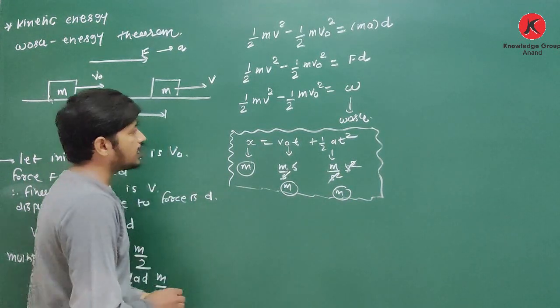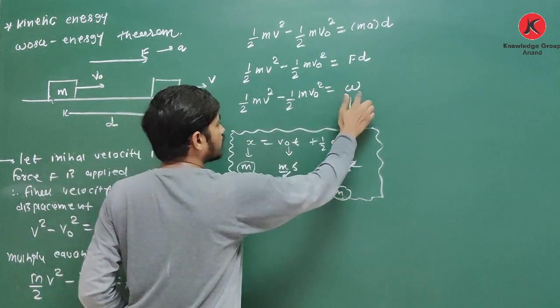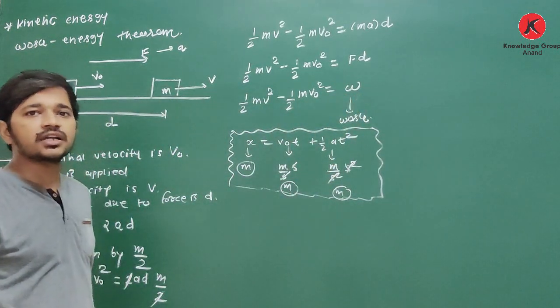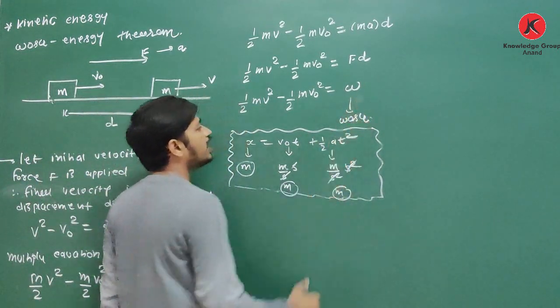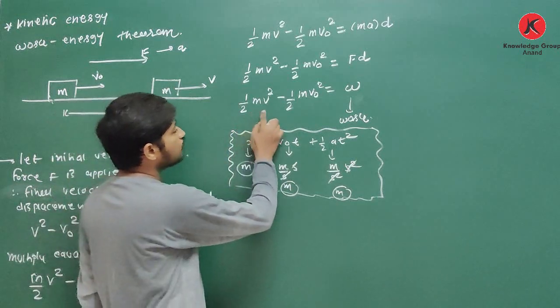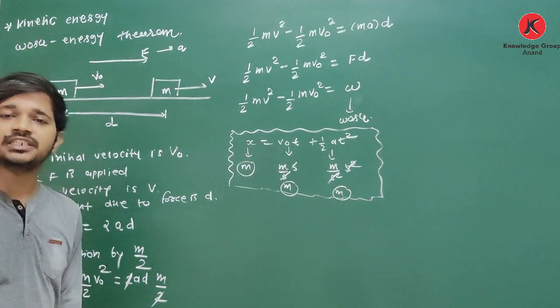Yes, it is. So here W is equal to half mv square minus half mv0 square. It is work. Or yes, we can say it is one form of energy. Then this half mv square and half mv0 square are also one form of energy.